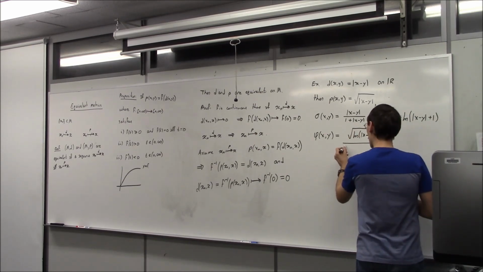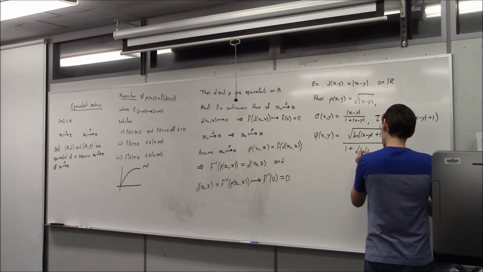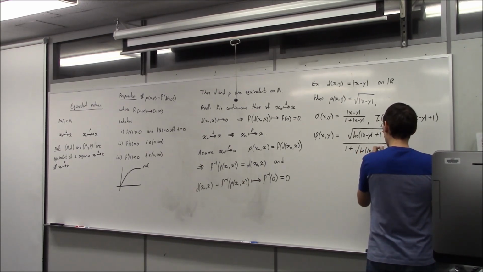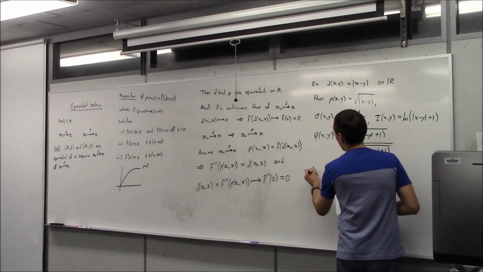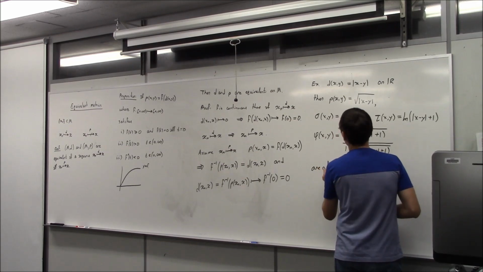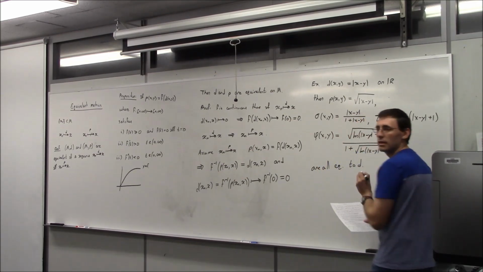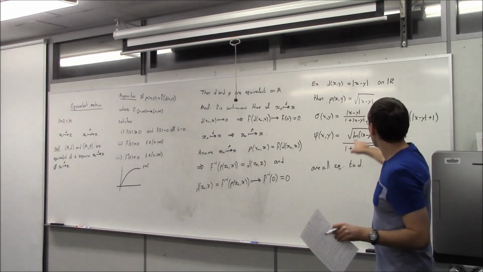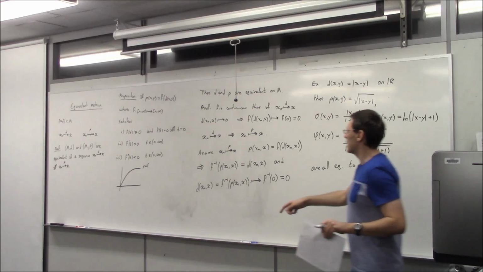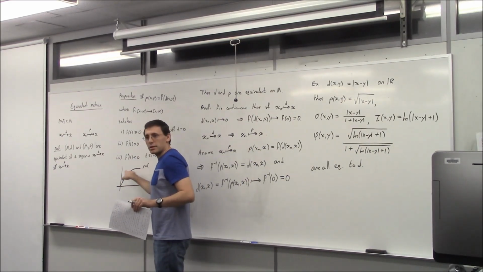Divided by 1 plus root of ln x minus y plus 1. So this ugly looking thing are all equivalent to d on R. Okay, so all those functions trivially, because you see all of them are generated by composing with a function of this form.